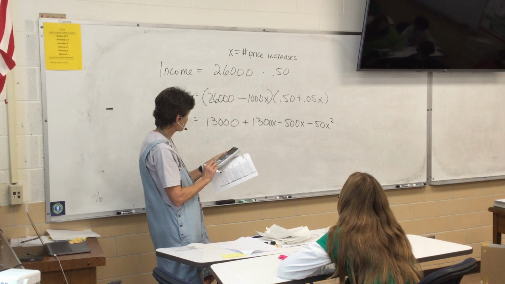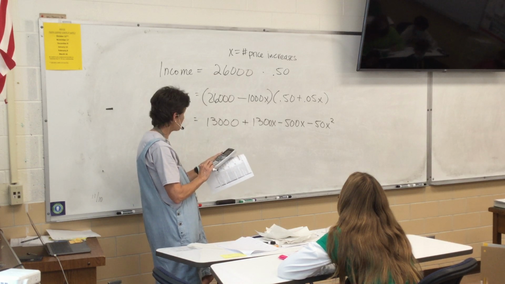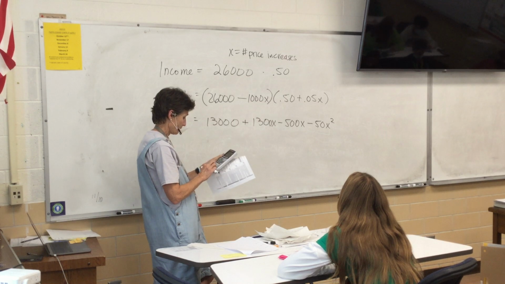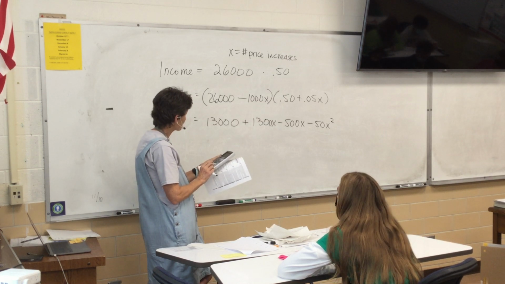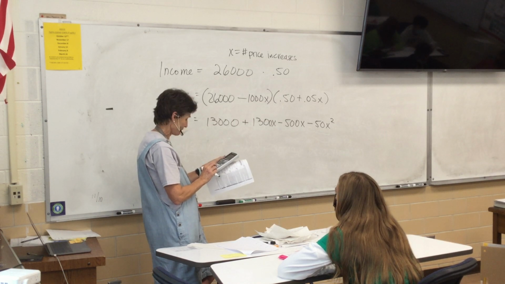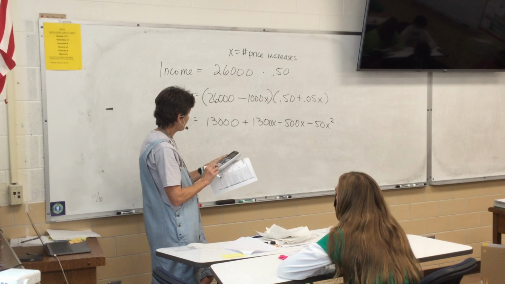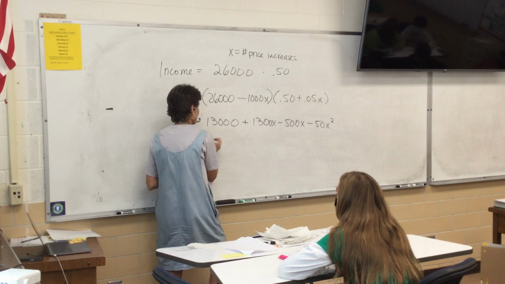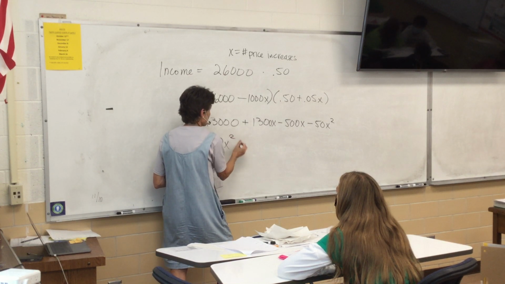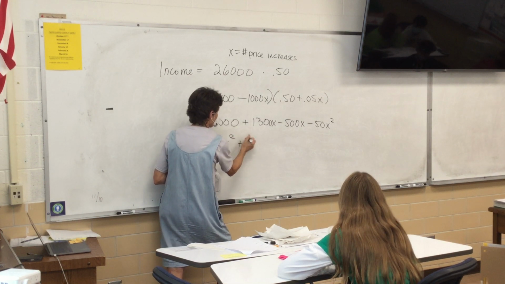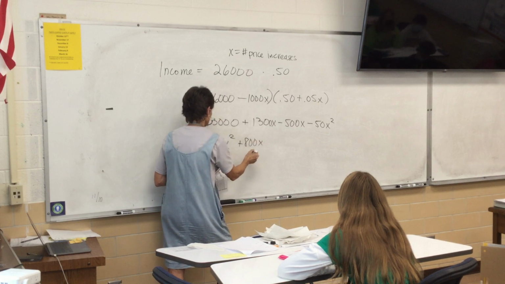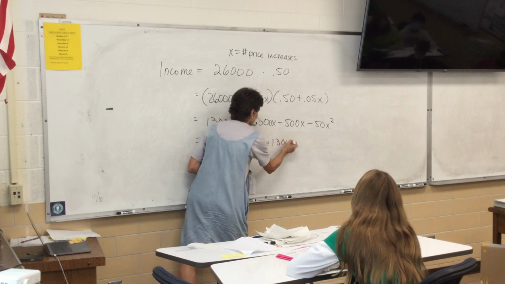How do my numbers look to you? Have I done a good job? Okay, so it looks like I've got negative 50x squared plus 800x plus 13,000.